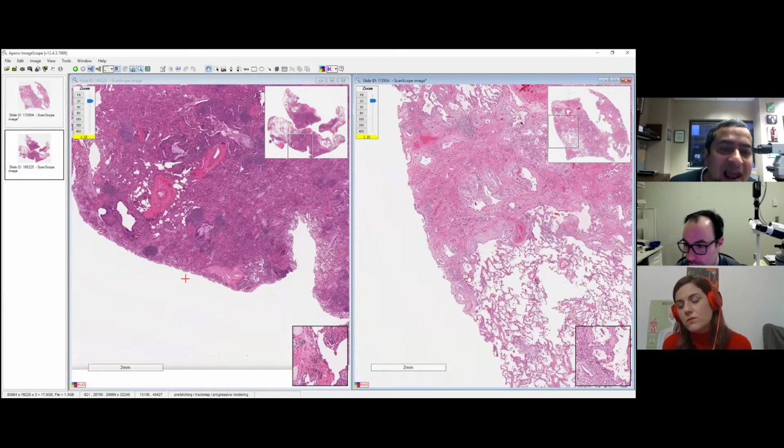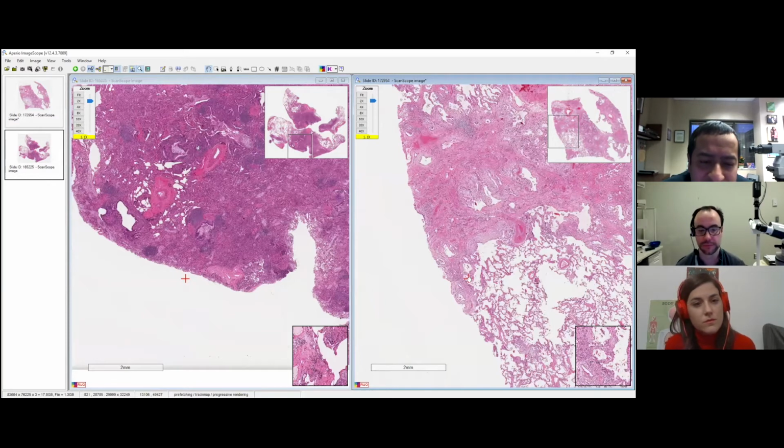So one thing I'll add, there's a great paper by Dr. Katzenstein in the American Journal of Surgical Pathology, a very old paper, maybe from 1990, maybe even from the 80s. It specifically talks about BOOP, or organizing pneumonia, versus UIP.